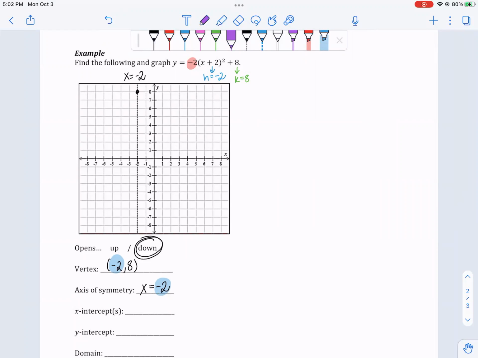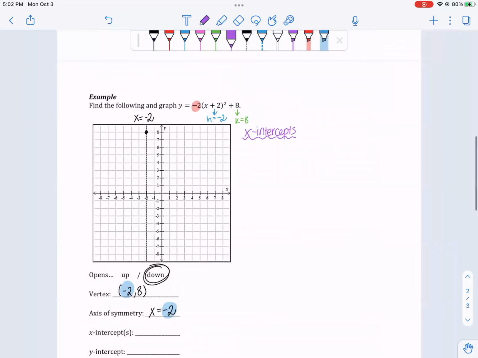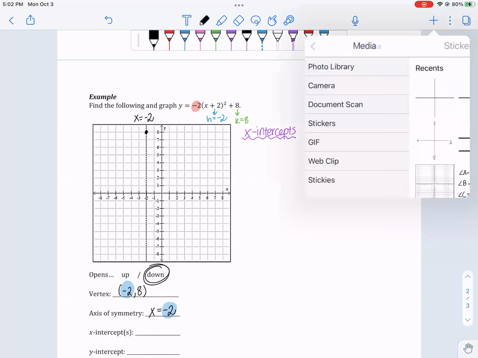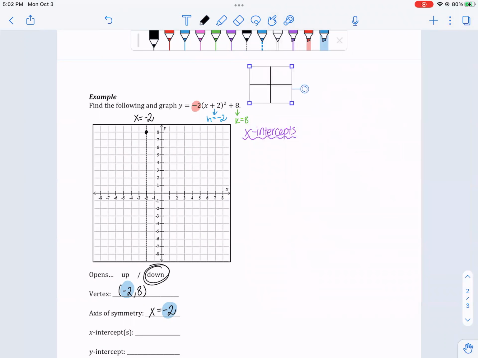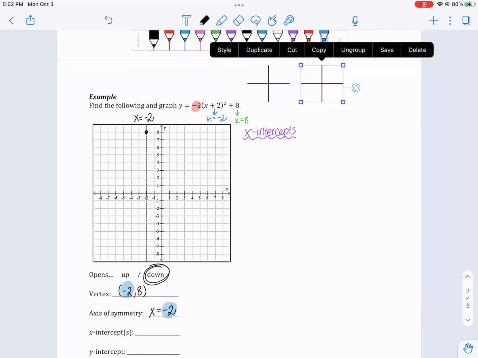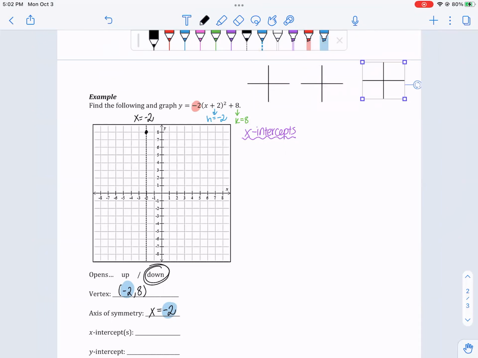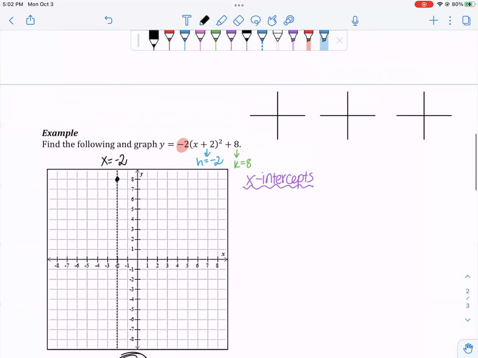The x-intercepts. There are 3 possibilities when it comes to x-intercepts and parabolas. So if I just kind of draw three examples for you of what can happen here.